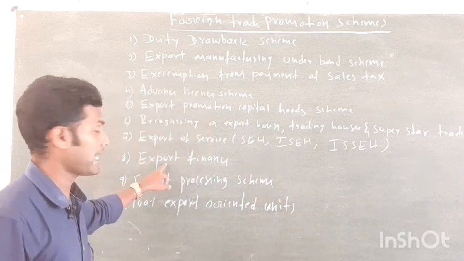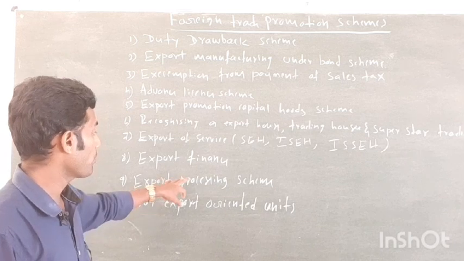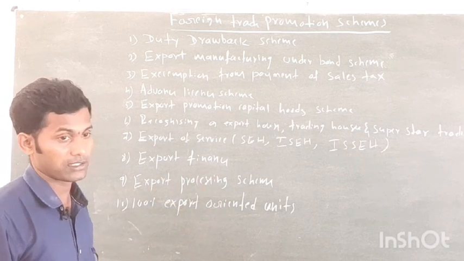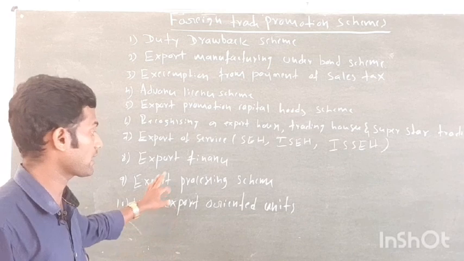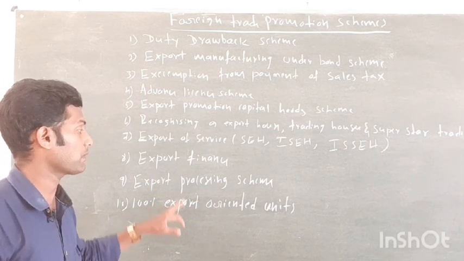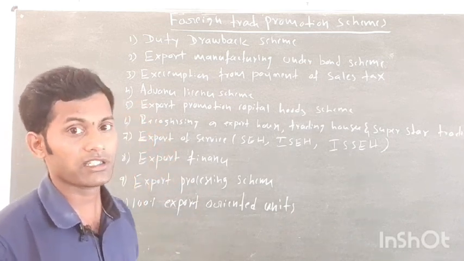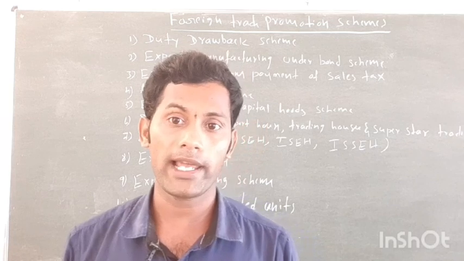Then we have export finance, then export processing scheme, EPS, or export processing zone, EPZ. Then we have 100% export oriented unit. These are all the 10 promotion measures to increase our export.